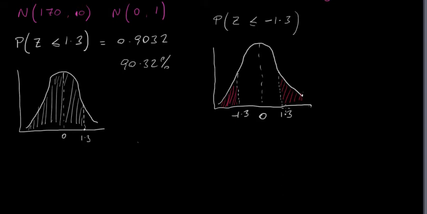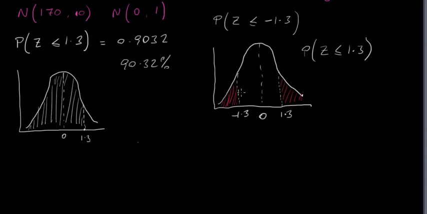So if we want to find the probability that z is less than or equal to minus 1.3, let's say we look for the probability of z being less than or equal to 1.3. That will give us all of this area down here.